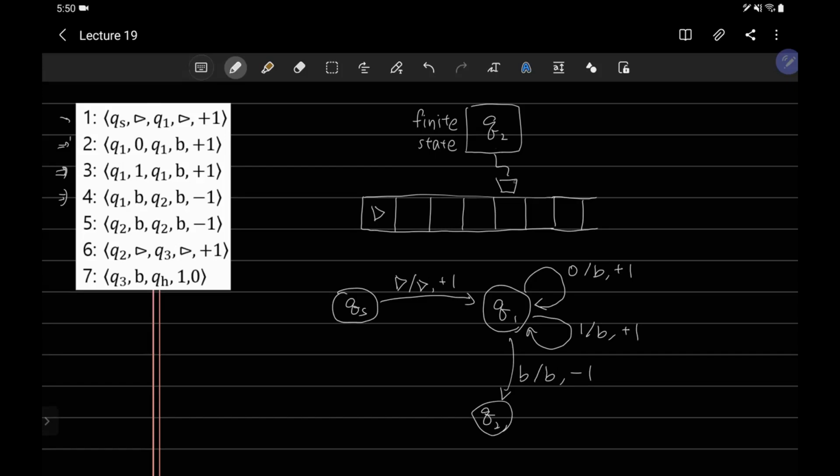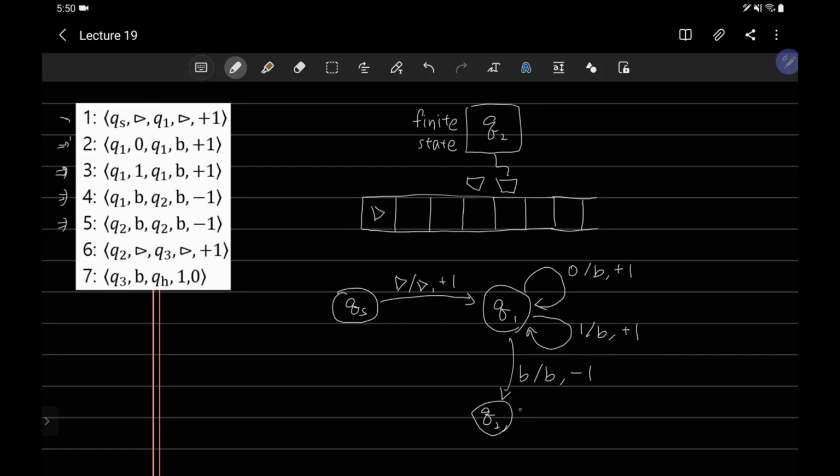Now with the Q2, the value is blank. So in this case, it corresponds to the fifth line. What it does is the state will stay as Q sub 2, the value will still be blank, and the head will move to the left.